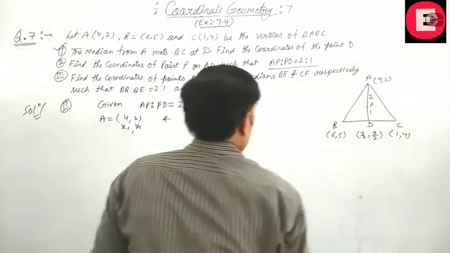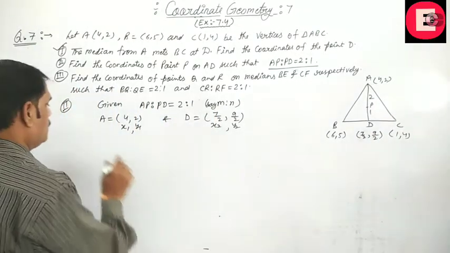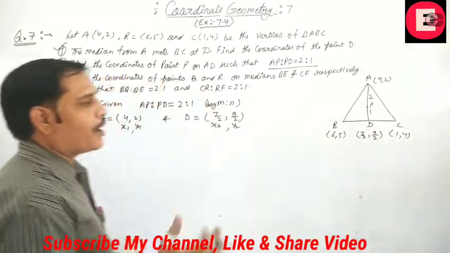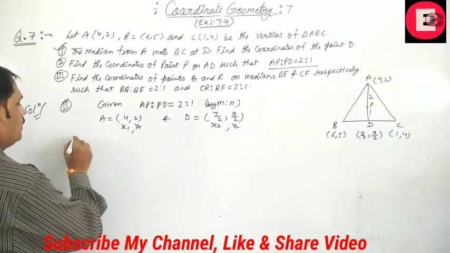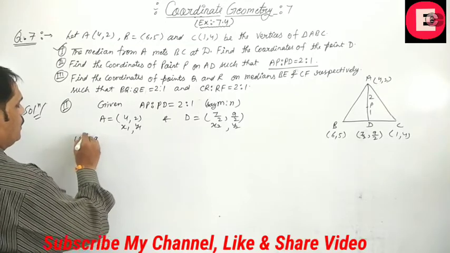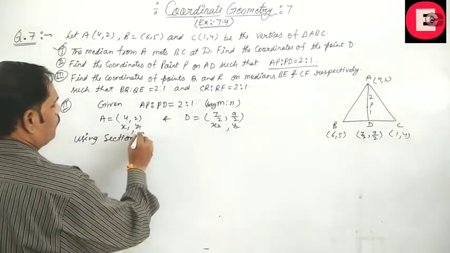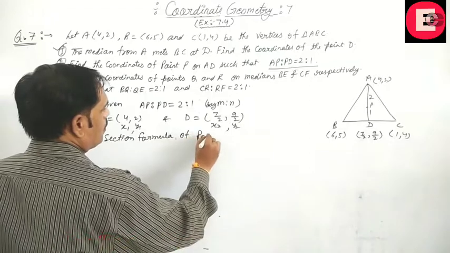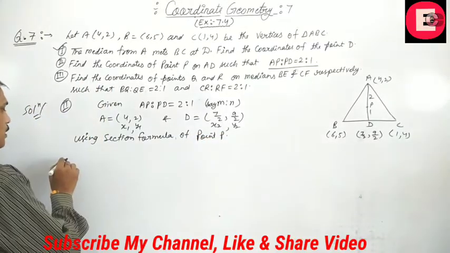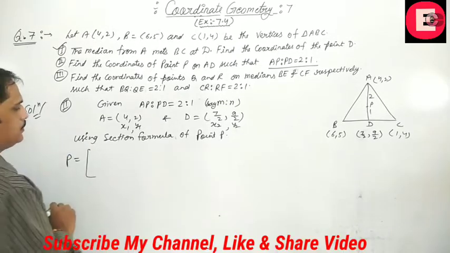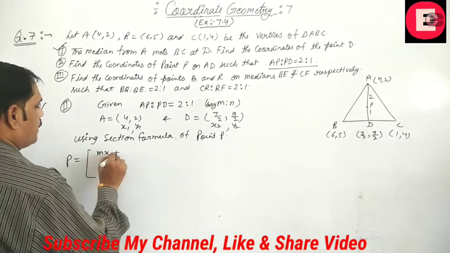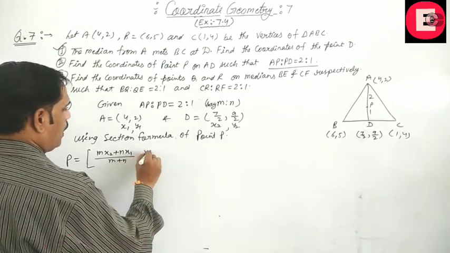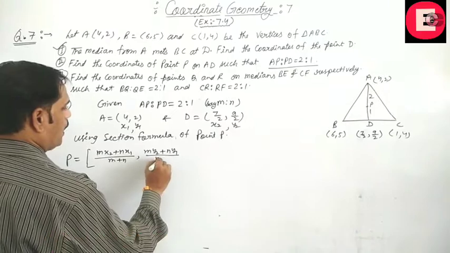For point P, using the section formula, we will get the coordinate of point P. Therefore P is equal to (m x2 plus n x1) upon (m plus n) and (m y2 plus n y1) upon (m plus n).